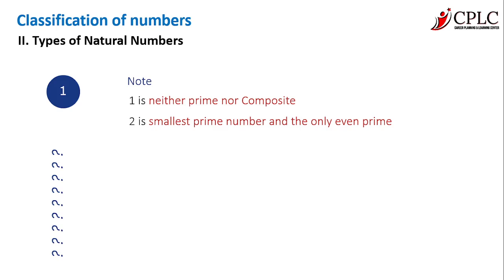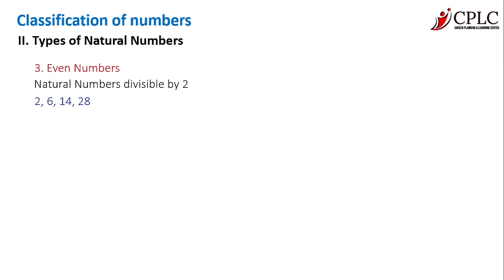Then moving on, the next one, even numbers. So even numbers are the ones, natural numbers, which are divisible by 2 basically. And now because we are using the word numbers, we are going to focus on natural numbers. Natural numbers is only positive integers.